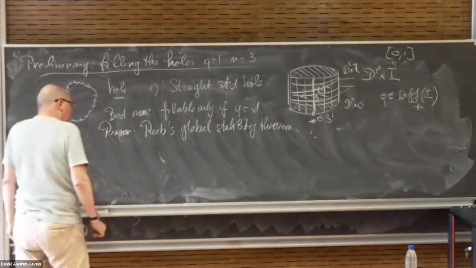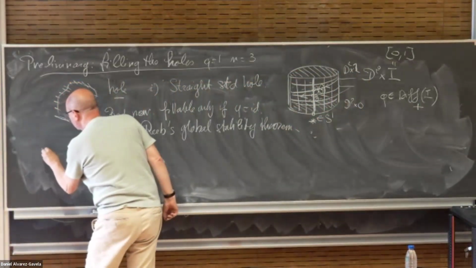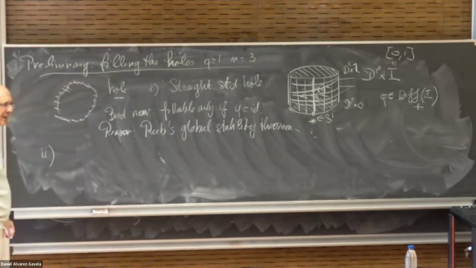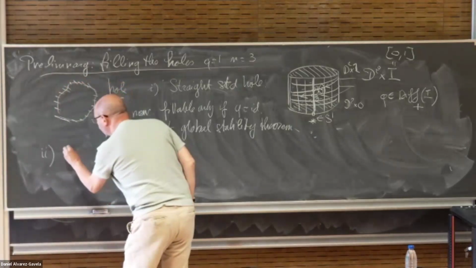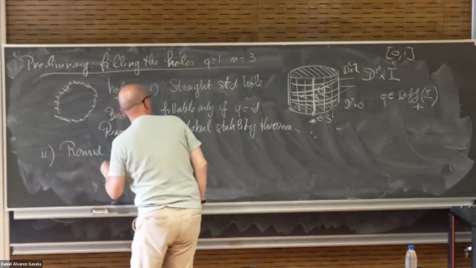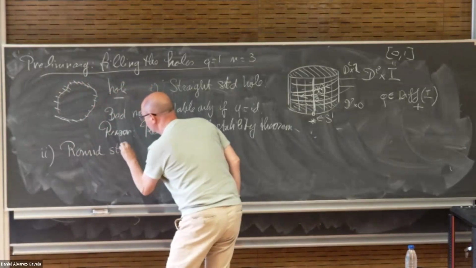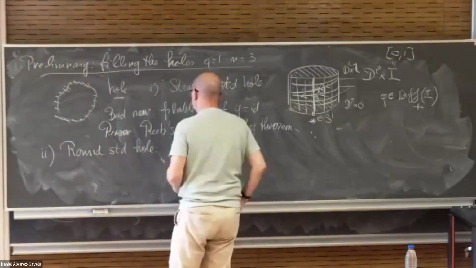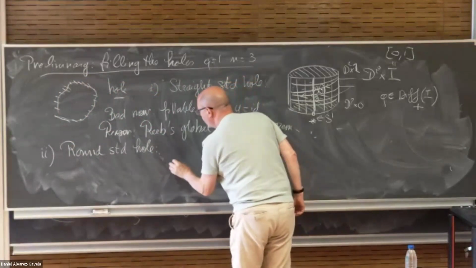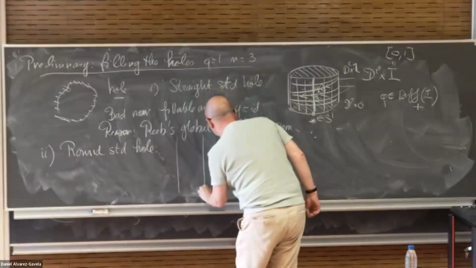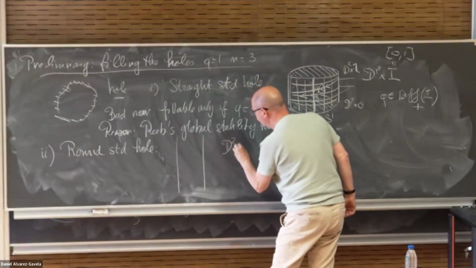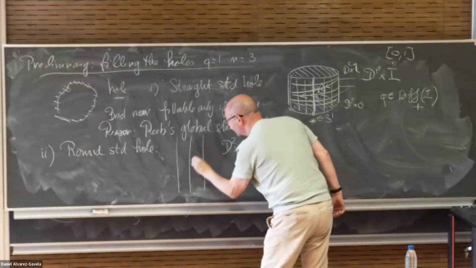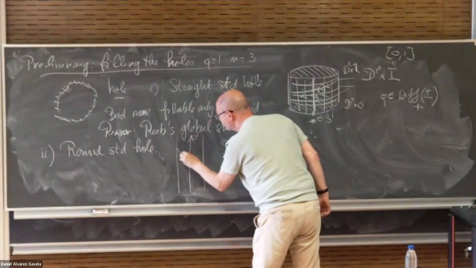So one observation of Thurston was that things become completely different if you round the hole, that is, if you change the interval to a circle. So the round standard hole, now it will be S1 times D2, with the vertical axis here being S1.